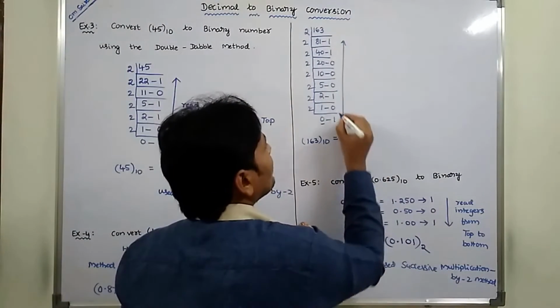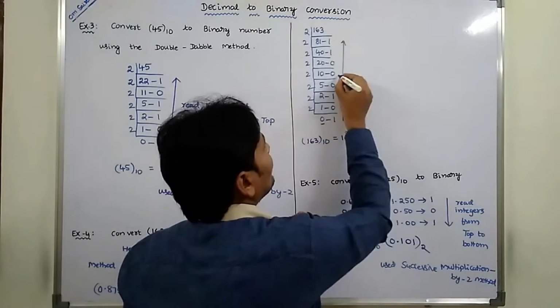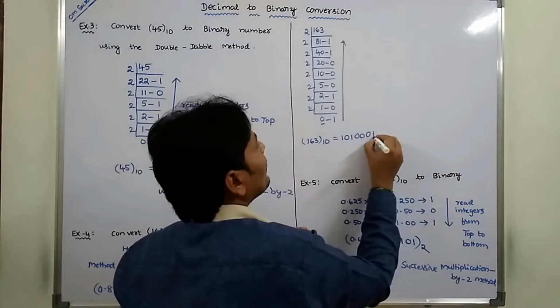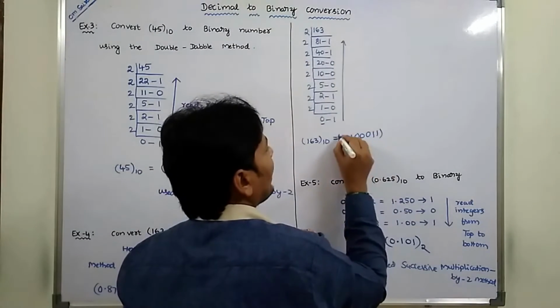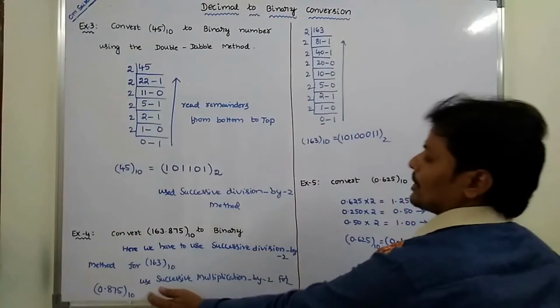So 163 base 10 is equal to 1 0 1 0 0 0 1 1 base 2.